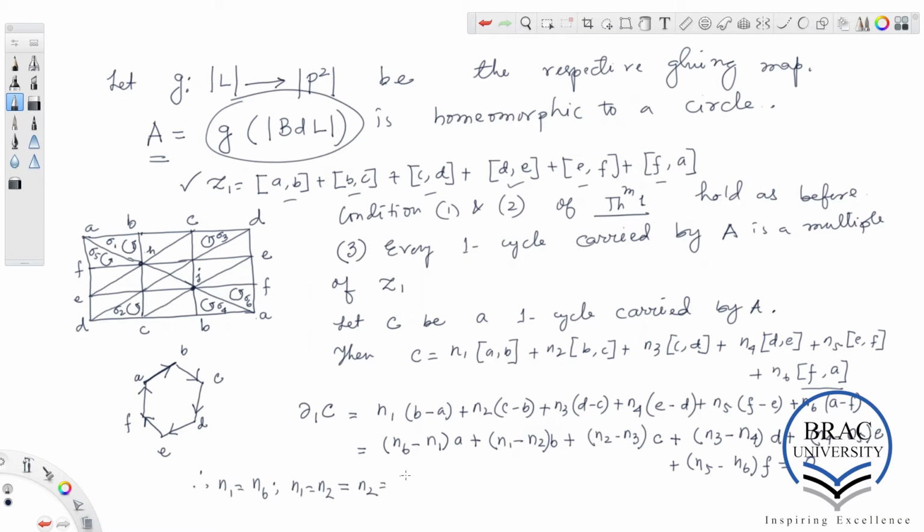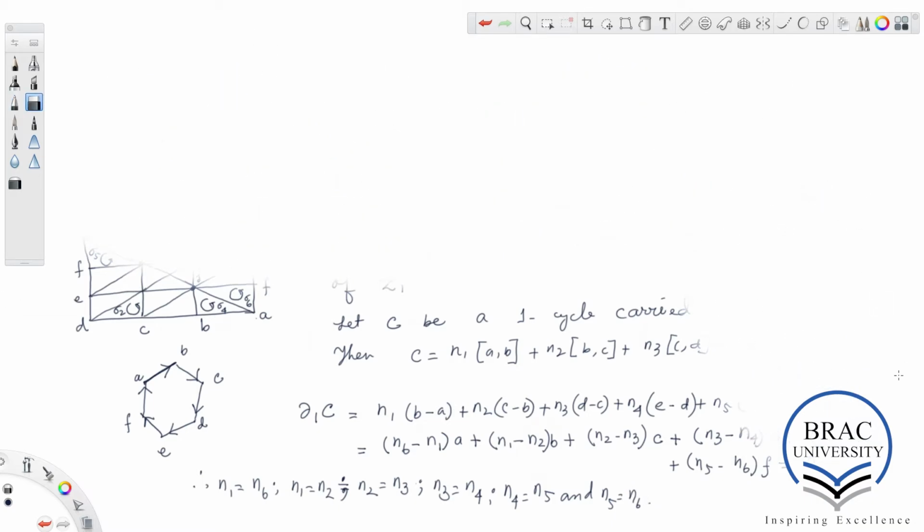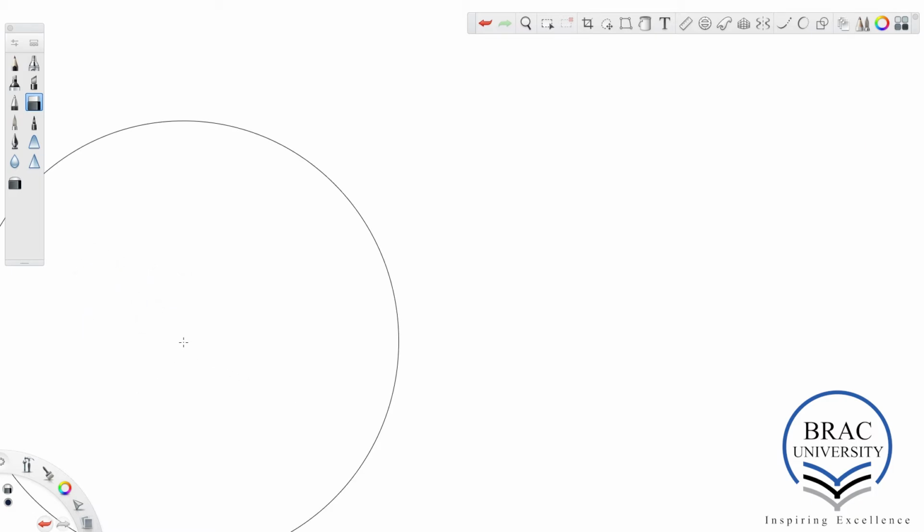We also have n2 is equal to n3, n3 is equal to n4, n4 is equal to n5, and we also have n5 is equal to n6, leading to n1 is equal to n2 is equal to n3 is equal to n4 is equal to n5 is equal to n6.